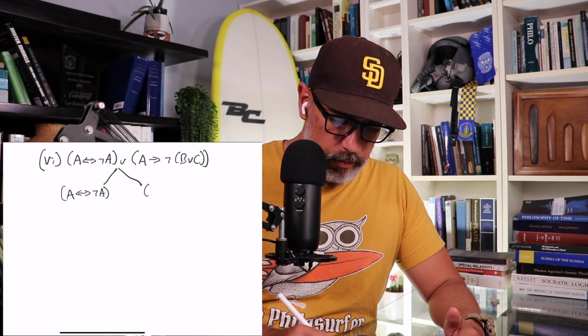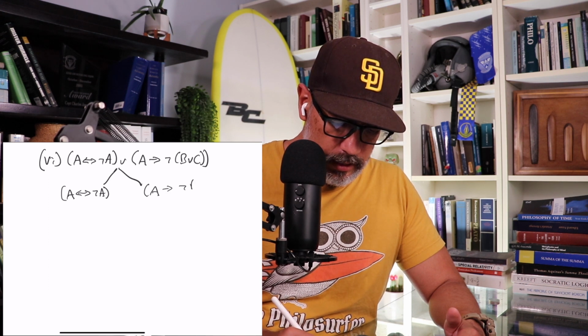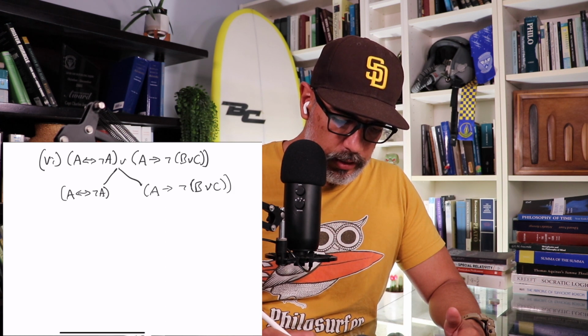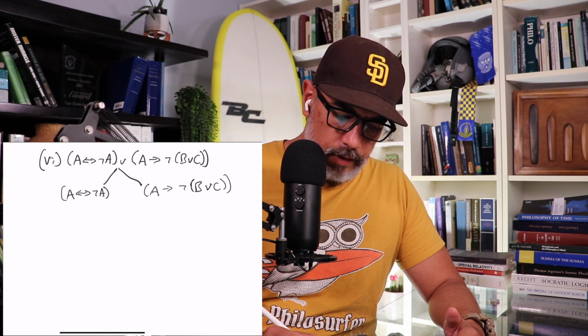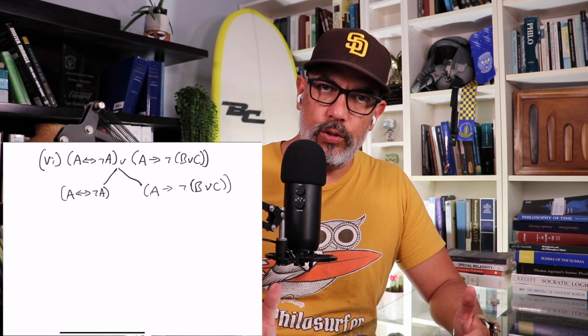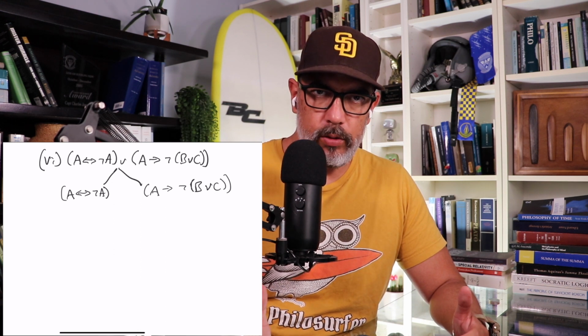That's for sure going to be a contradiction. And then if A, then not (B or C). And that's not going to be a contradiction. And so if that can be true, then the right side of the whole disjunction can be true. And if half of the disjunction can be true, then the whole disjunction is true.